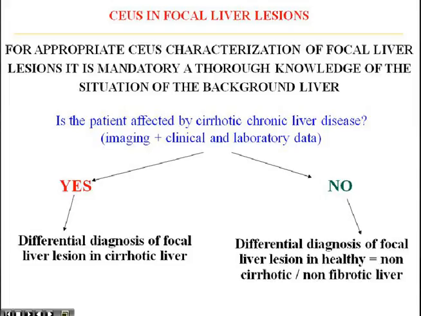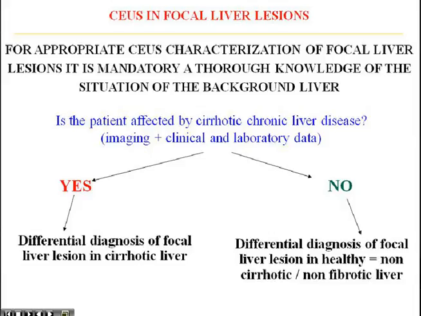So before looking at the pattern of the lesion, always take a look at the whole liver if the history is not enough to tell you whether the patient has chronic liver disease which has progressed to cirrhosis or not. You cannot say, oh, I'm sorry, I was not aware whether he was cirrhotic or not, because you have the tool in your hand to answer this question.